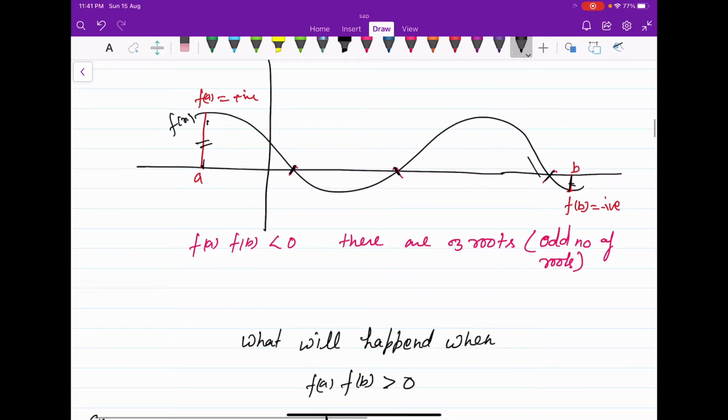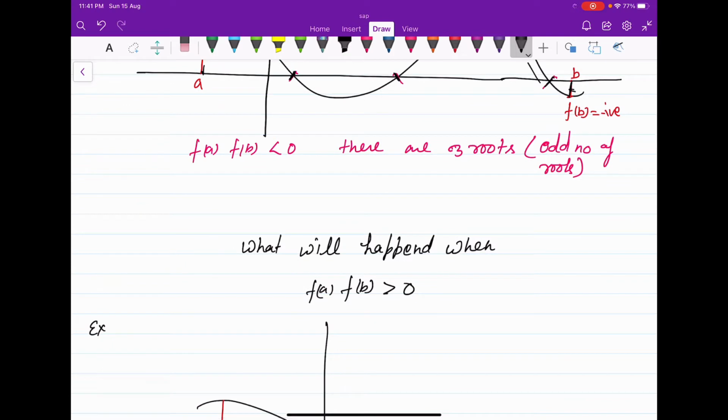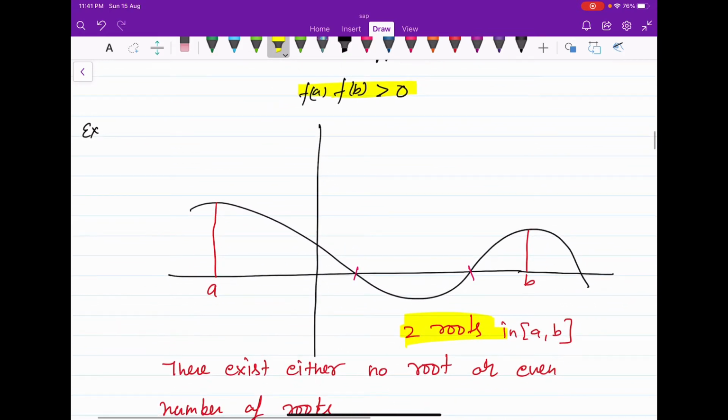What will happen if f(a) f(b) is greater than 0? Let us understand with the help of a graph. In that case, f(a) is positive and f(b) is also positive. That means there exists either no root or an even number of roots. You see here, 1 and 2.